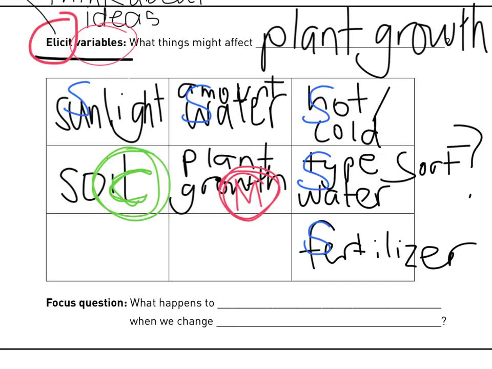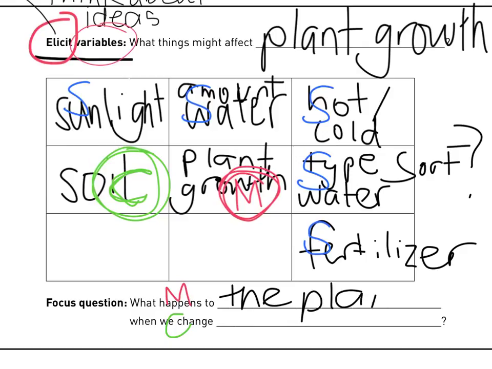All right, so now that I've done that, I can go ahead and look at my focus question. This is super duper simple. Our focus question will need to have what we are going to measure, and it will also have what we are going to change. So I look at my grid. What happens to plant growth?